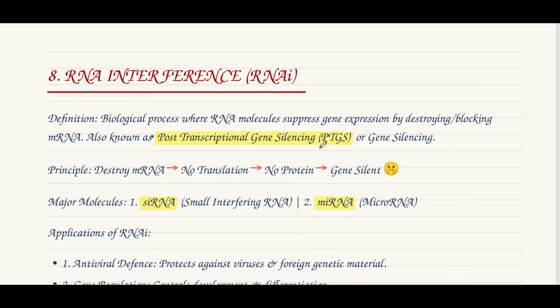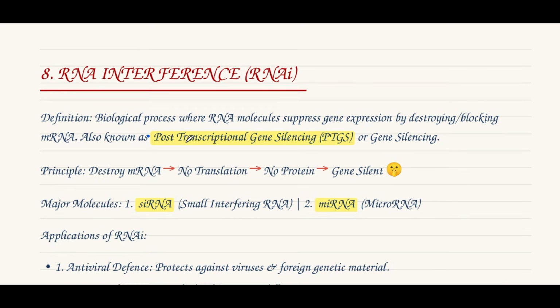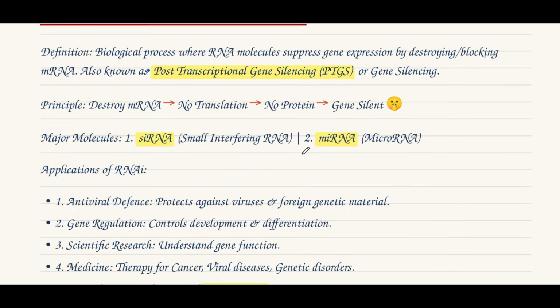It is called post because the first process, DNA to RNA, is transcription, right? After the transcription only it is happening. RNA interference is gene silencing, post-transcriptional gene silencing.